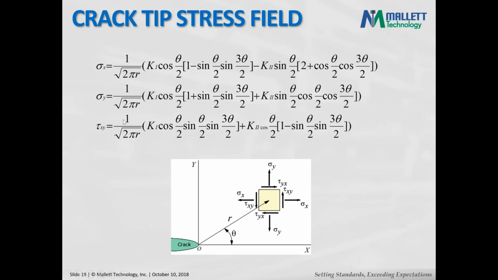And then back in 1959, Williams developed the solution of the crack tip stress field. This is a straightforward hand calculation that he developed, and in our fracture mechanics class, we show you the steps taken to solve this problem.